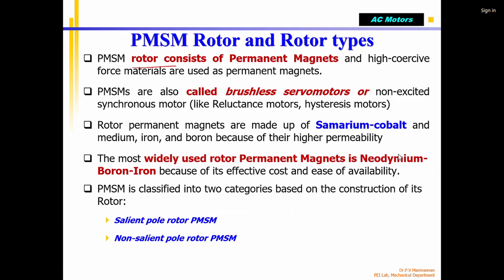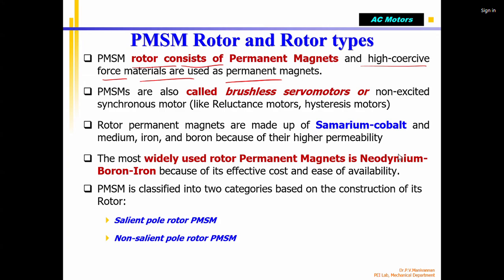Then next comes the rotor. The rotor is made of permanent magnet, made of high coercive force material, generally what we call a rare earth magnet. Even now you hear about it in the news, the Ukraine war. Recently the American president asked for signing a deal with the Ukraine president because of rare earths, which include neodymium.